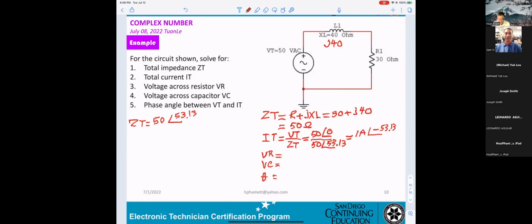VR equals 30 at minus 30, volts, right? Did you get 30 volts? Whatever the angle, we don't care. VC, VL, what do you get?